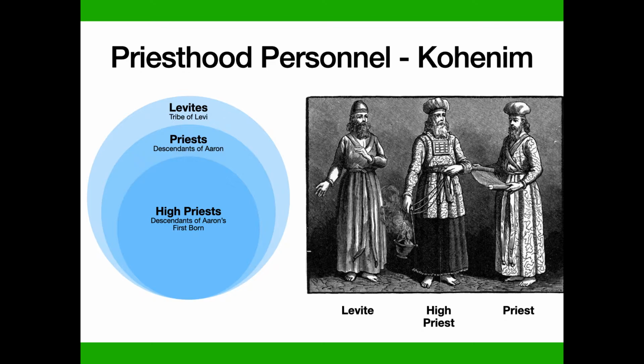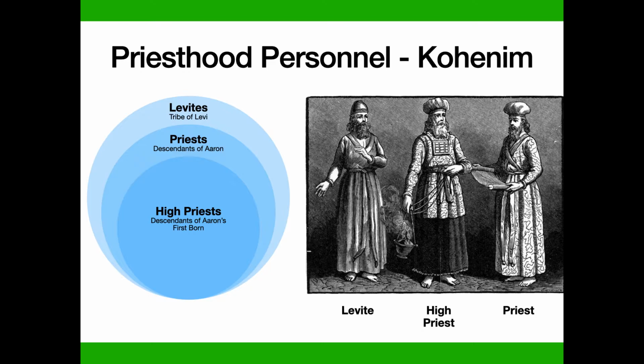So here we have priests, the Kohenim. And we'll see that a lot if you study the Temple Institute that is currently rebuilding the temple over in Jerusalem, and trying to do the sacrifices, reinstitute all of those things. They're called the Kohenim. So it basically represents all of the priests.